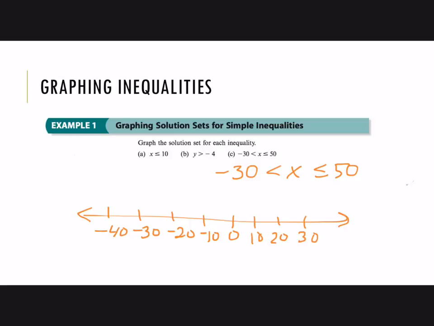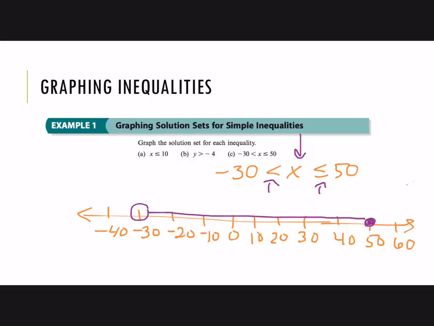Maybe you would choose to set this up a bit differently, but this sort of made sense to me. So 40, 50, and 60. And then x cannot equal -30, so we're going to put an open circle there. It can equal 50, so closed circle. And then we would read this, x is between. Well, actually, we have two different symbols here, so I would probably read this, x is greater than -30 and less than or equal to 50. So we're shading everything in between those two, as well as 50 itself.